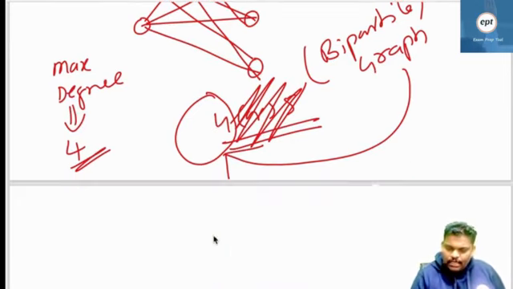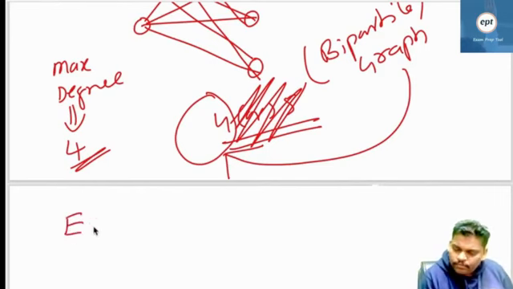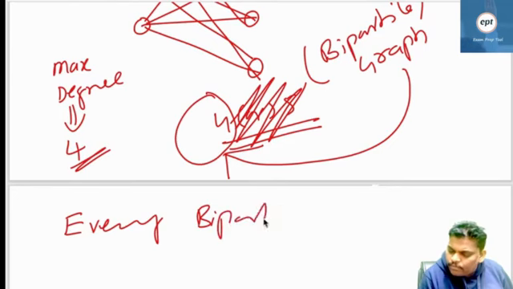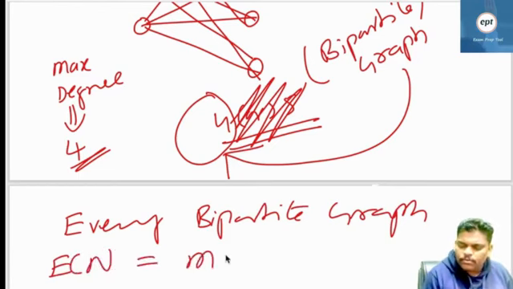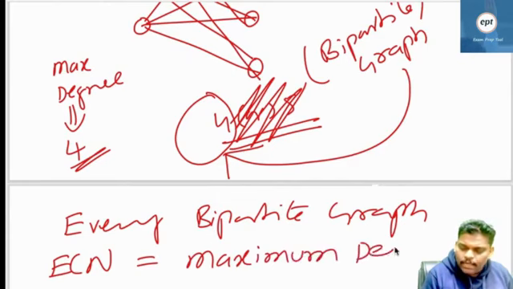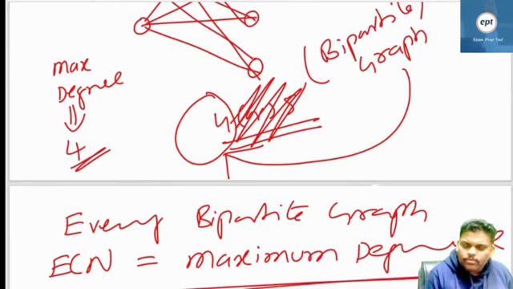So, go once again here. Every bipartite graph, edge chromatic number is equal to maximum degree. If you do it manually, it will be time consuming. Please verify this also.